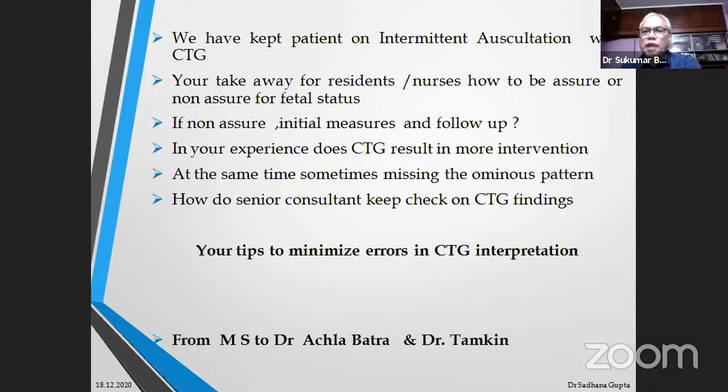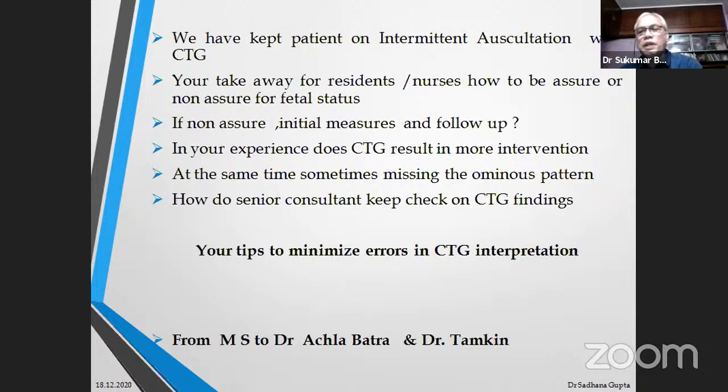The Royal College or NICE guideline clearly says that if you have a low risk pregnancy in labor, there are certain conditions where you transfer from not having any CTG to having CTG. The patient falls into that category where she had a rupture of membrane and then had a bradycardia.